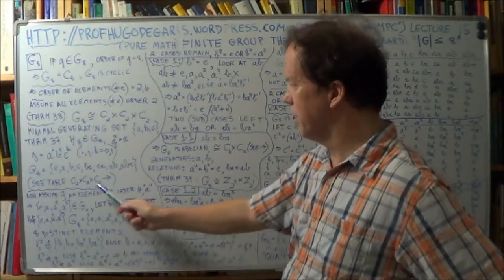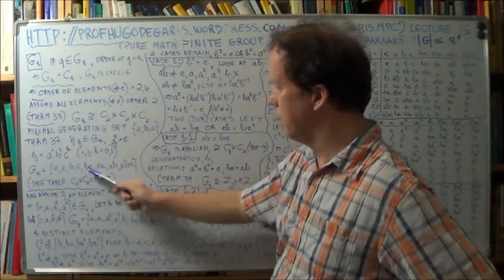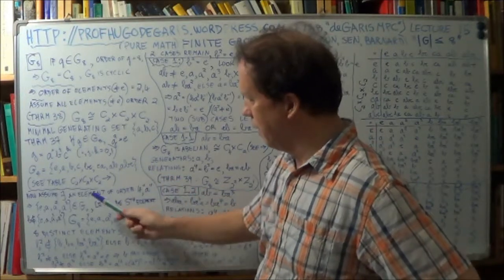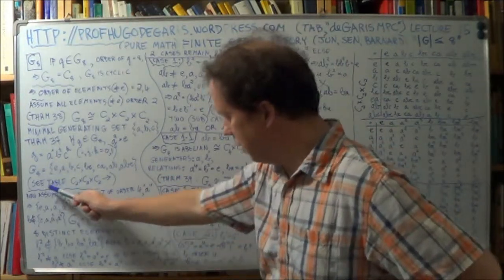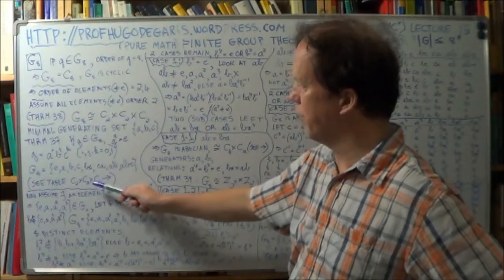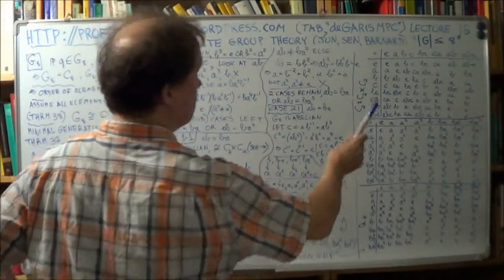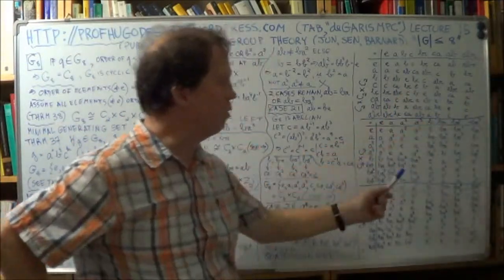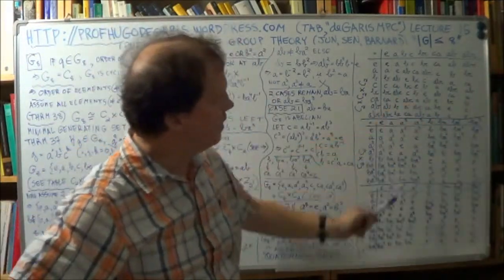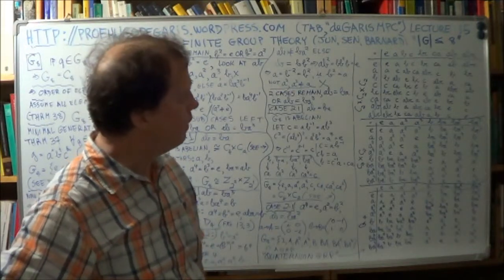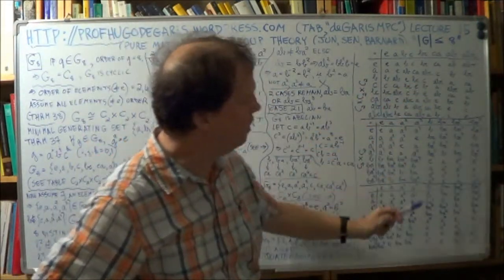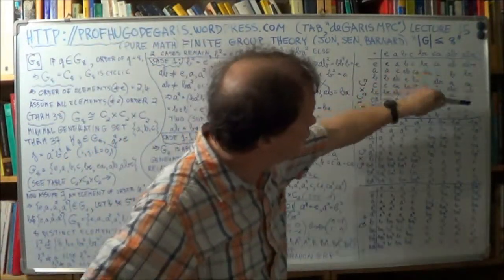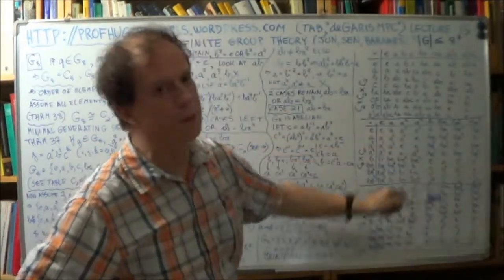Okay, so the actual table. So here are the elements of your group, and here is the table for C2 by C2 by C2. Now you can imagine it took me quite a while to write all these out, rather boring. Because it's rather tedious, I did not make the effort to check the contents of these group tables.